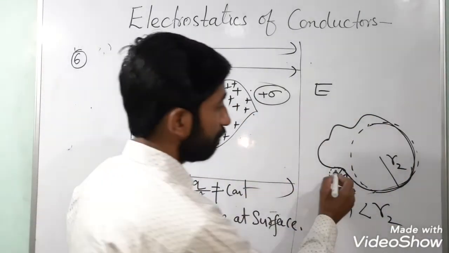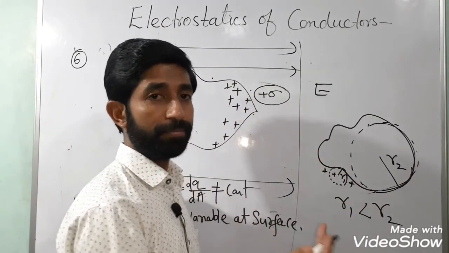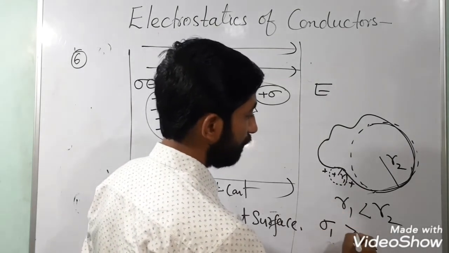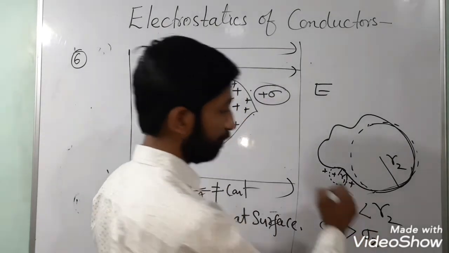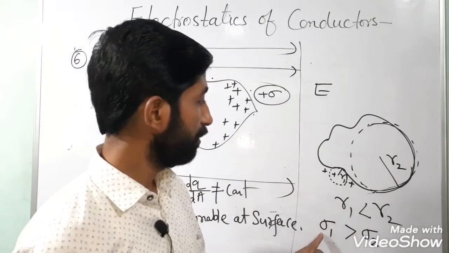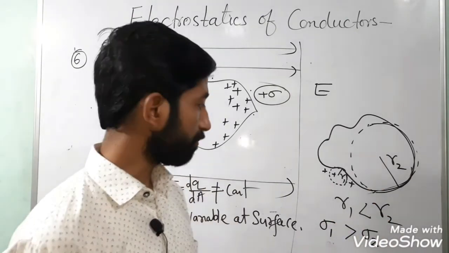So sigma for this particular region will be higher. That is, charge density sigma 1 will be higher than sigma 2. Sigma 1 is related to r1 and sigma 2 is related to r2.